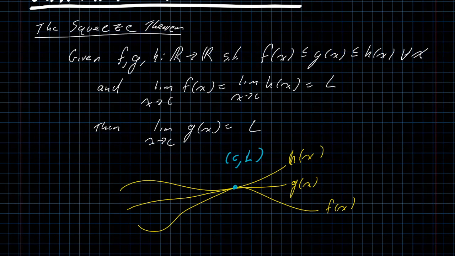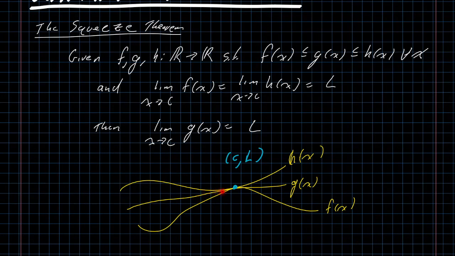The theorem tells us that the only way to get through the point C is to go through at exactly the same point that we had before. The function g of x, over here where the other two functions are spread apart, there's a lot of room for that to vary. There's a lot of different functions g that will satisfy.